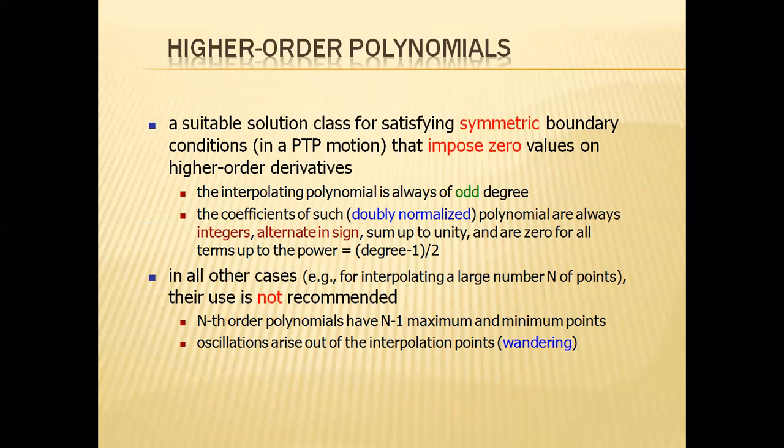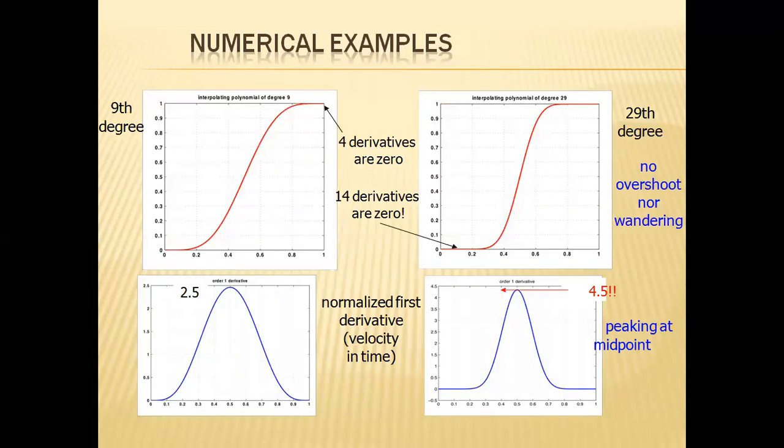But in the case of all other conditions, that is, joint alignments, nth order polynomials have n minus 1 maximum and minimum points, which oscillate, and interpolation movements wandering out of bounds lead to a lambda in different counter positions. So counter positions, as we have specified, don't have any specified track for it.